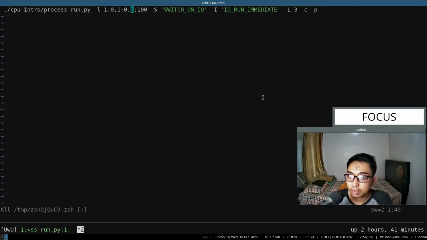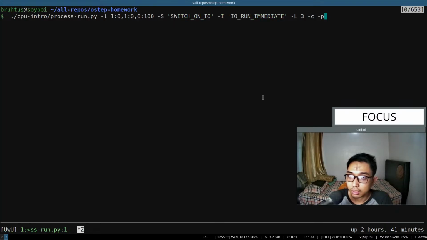Okay, right. We run the input-output process for the first process and second process, and then the CPU process on the third process.